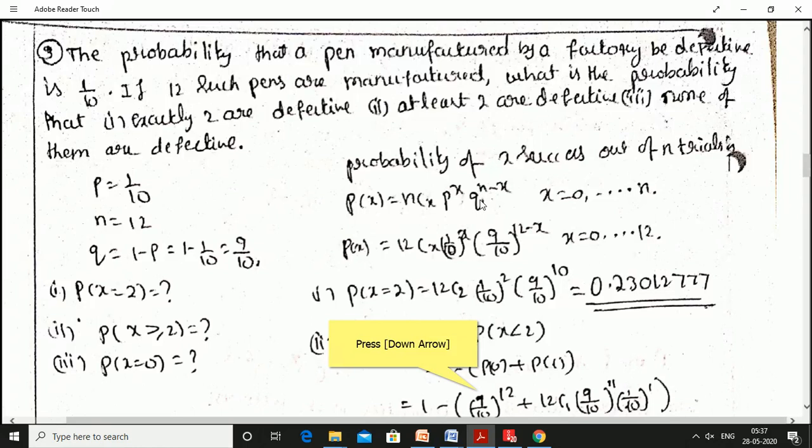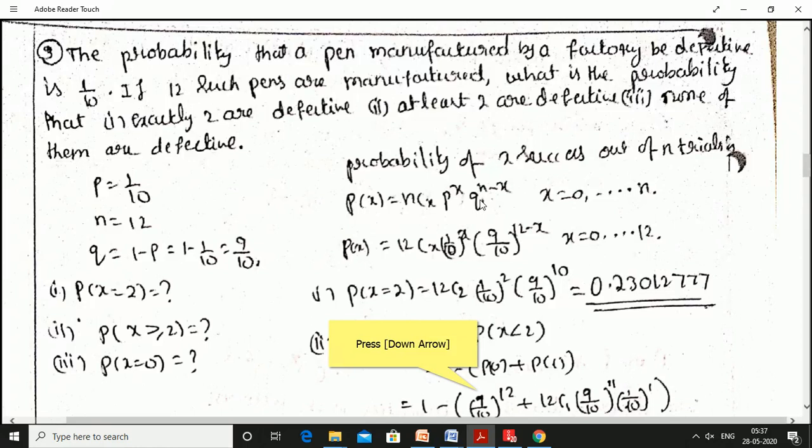Q value is equal to 1 minus P, 1 minus 1 by 10 is 9 by 10. We need to find these probabilities: exactly 2 are defective, at least 2 are defective, none of them are defective. Probability of x successes out of n trials is given by P of x equal to nCx p^x q^(n-x). When p and n values are given, we use the binomial distribution for x equal to 0 to n.